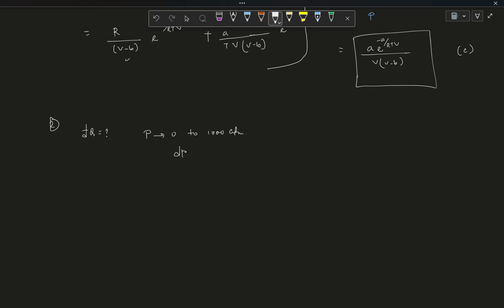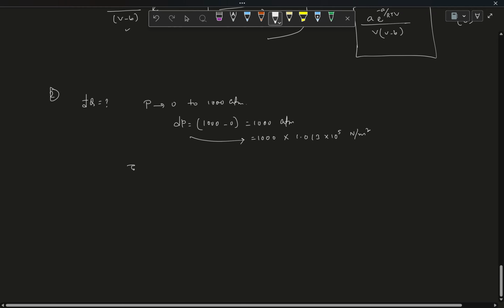So the change in pressure dP will be 1000 minus 0 equal to 1000 atmosphere, and if you have to convert it into SI unit, that is Newton per meter square, multiply by 1.013 into 10 to the power 5 Newton per meter square. This is your dP value, right?